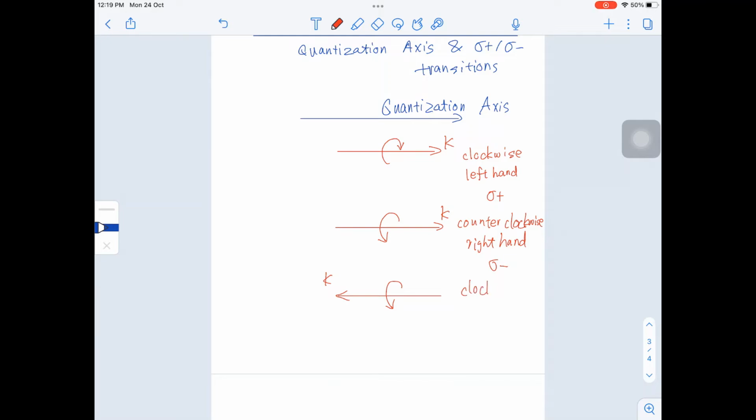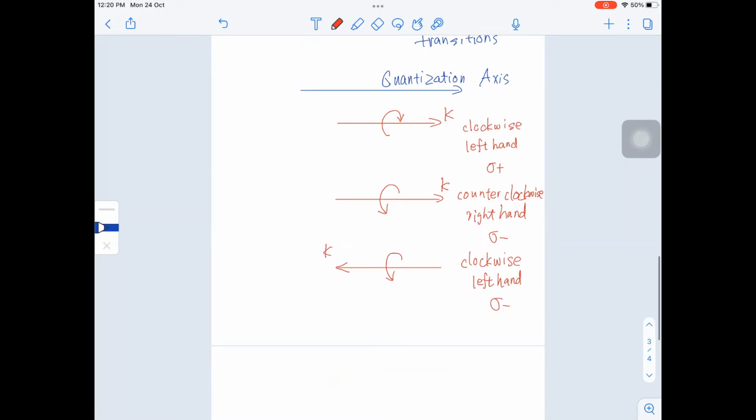If you use your left hand, if you hold your left hand up and use your thumb to point into your eyes, and you can see the four fingers follow the clockwise direction, and this is called left hand. And in this case, it's gonna drive sigma minus transition. Okay.